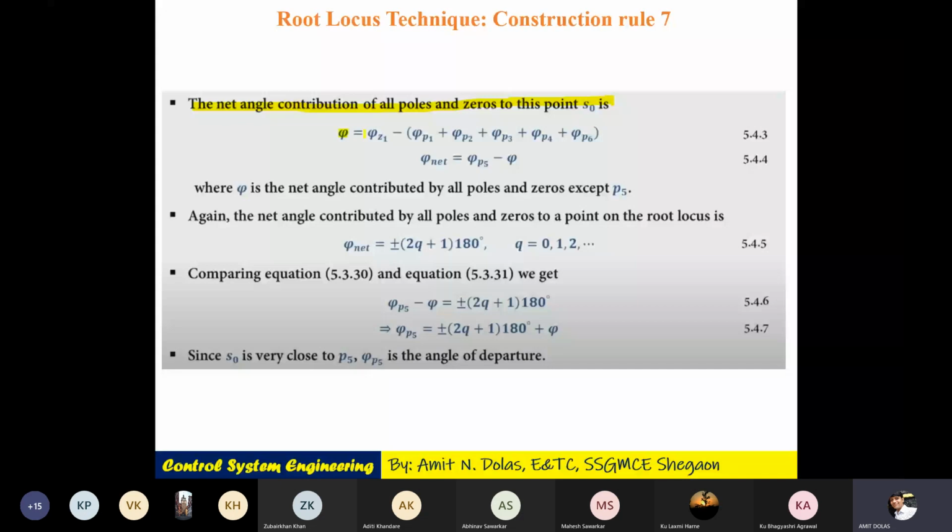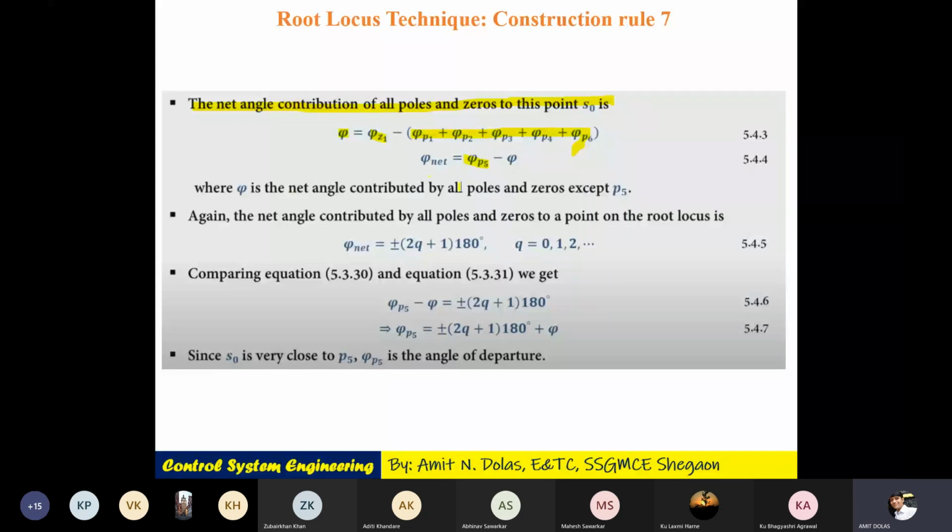That is phi of Z1, if one zero is there in the example, minus phi, that is the angle of all the poles P1 to P6. So we are talking about P5, because the test point is near to P5. So we'll be looking at that.